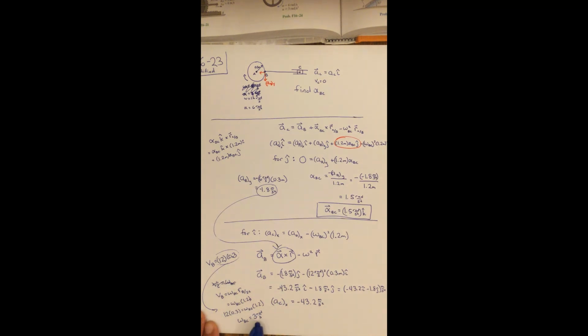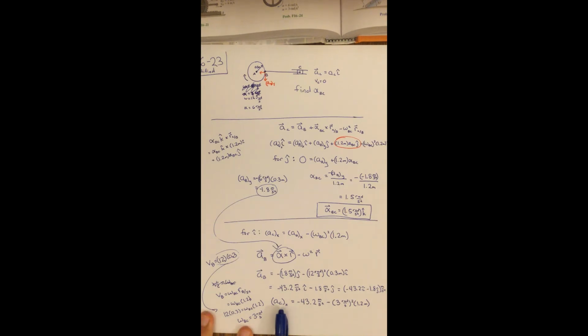Okay, and I can take that, and I was using this equation here, so this is equal to minus 3 radians per second squared, times 1.2 meters. And now I can take this and find the x component of the acceleration for point C, which they didn't ask me to do, but we're doing it anyways.